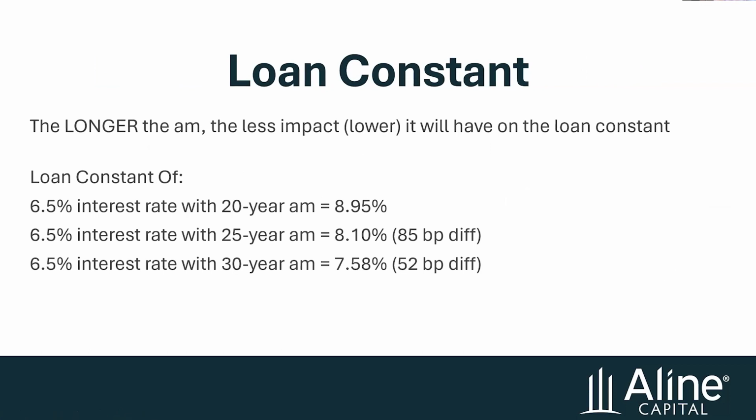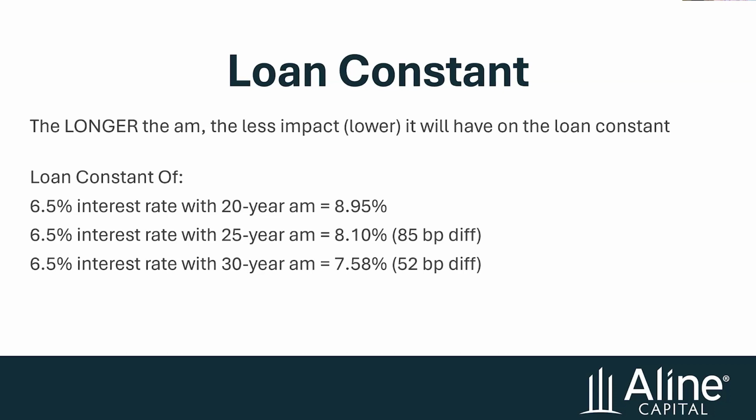One thing to note here is the longer the amortization, the less impact it will have on the loan constant. So a couple of examples: a 6.5% interest rate with a 20-year amortization has a loan constant of 8.95%. But a 6.5% interest rate deal with a 25-year amortization has an 8.1% loan constant, which is an 85 basis point difference.